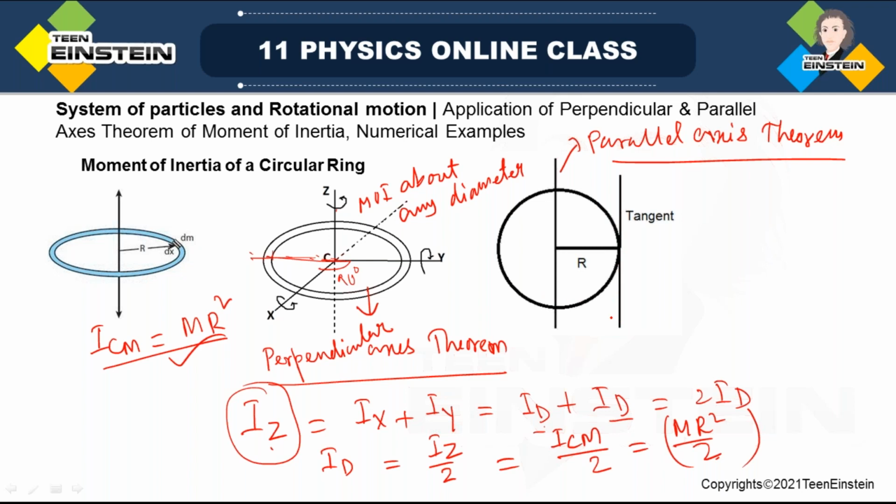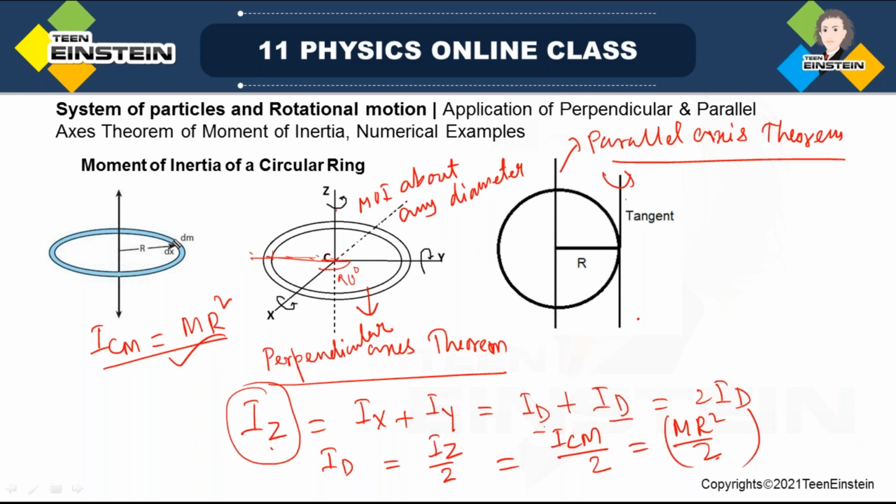I have to calculate the moment of inertia about a tangent which is perpendicular to the plane of the ring. That means it is not in this plane. So you have to calculate the moment of inertia about an axis which is tangent to the ring, and this tangent is perpendicular to the plane of the ring.